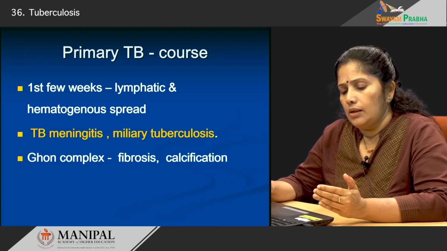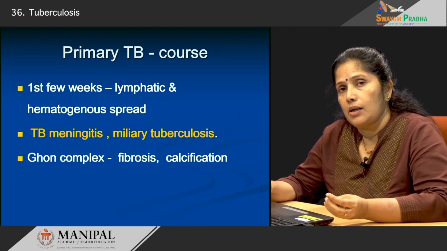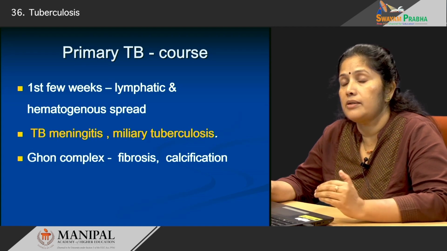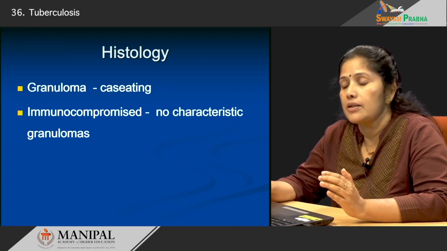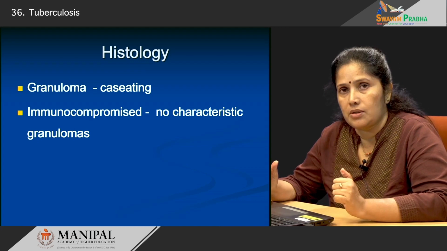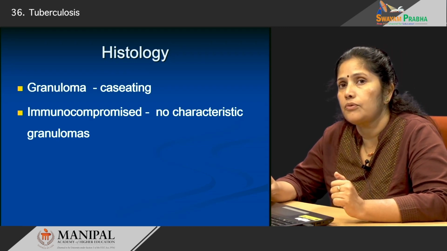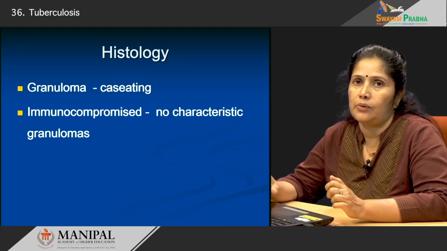Okay. So, now the question comes, how do you actually diagnose it? You are suspecting tuberculosis. An important finding is the histology in these patients. The hallmark of tuberculosis is the presence of a caseating granuloma.